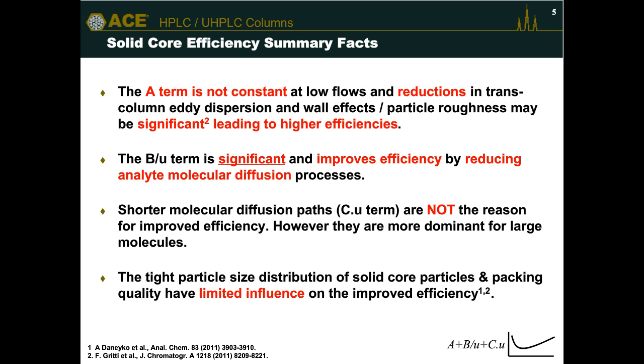In addition, there's a lot of discussion about the roughness of the particles compared to a fully porous particle. If you look at the SEM images, you can see the shape is slightly different. Maybe the surface is rougher for this type of technology, and therefore that could contribute to a different packing.